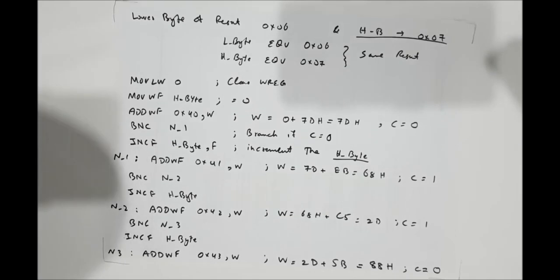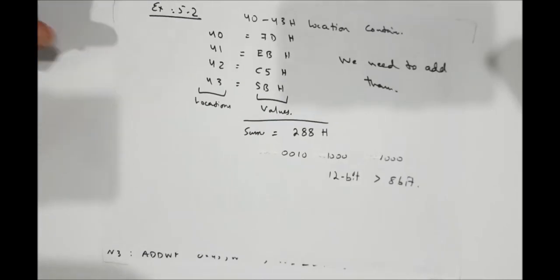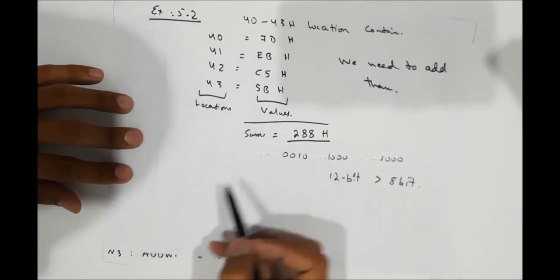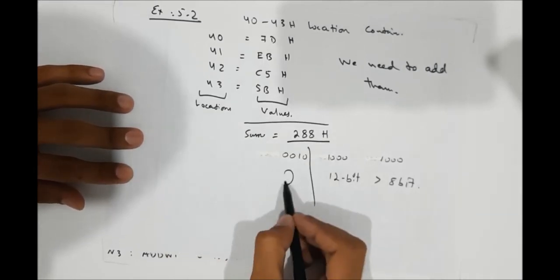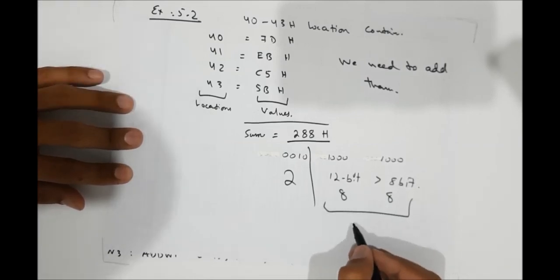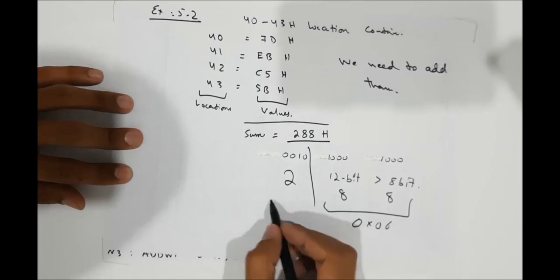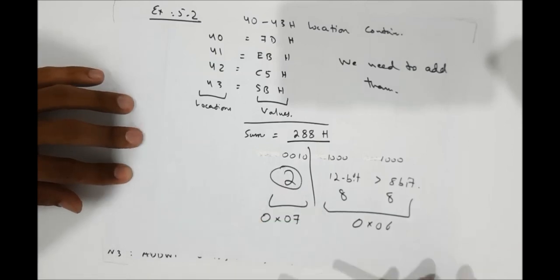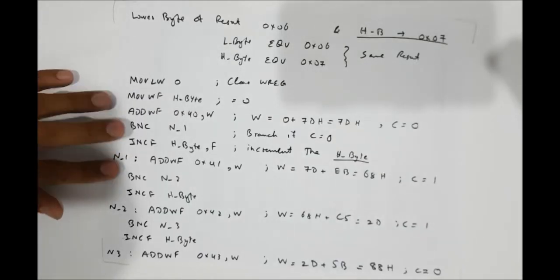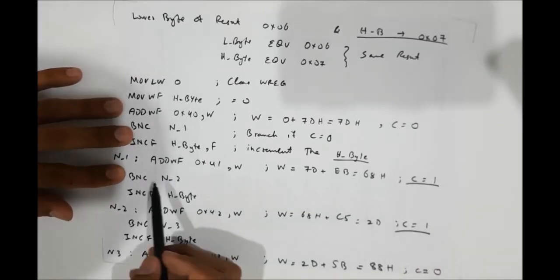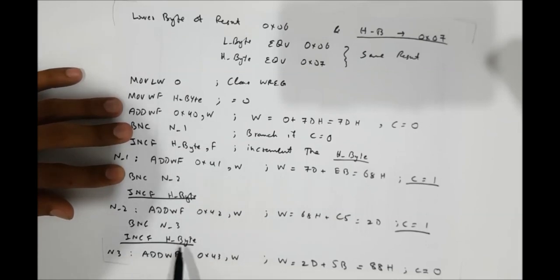As we can see in our previous result, the sum of all these 4 operands is equal to 288 hex. This is 2, this is 8, and this is 8. So this double 8 will be stored at location 0x06, and this 2 will be stored at location 0x07. We can see that the carry was 1 twice during this operation, and we incremented the high byte twice.